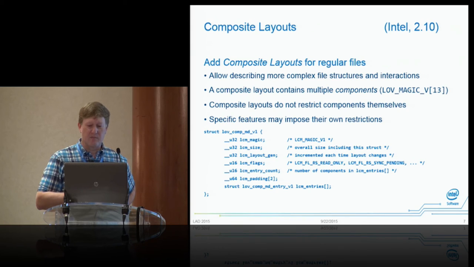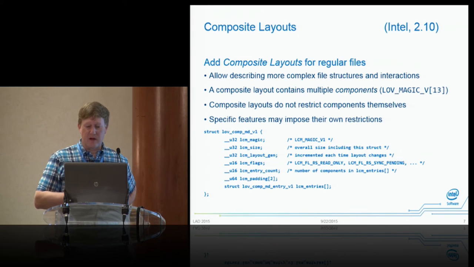What the project Progressive File Layouts is implementing is the infrastructure for these composite layouts, which is essentially a mechanism to have multiple types of layouts within one file, right? And so you can take your current RAID 0 striped file and have different striping parameters for different ranges of your file.